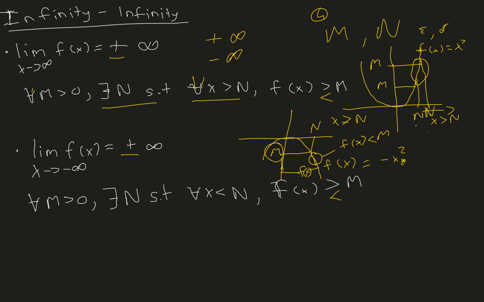And if we find an even smaller M, we'll need a larger N, but we'll always find a larger N such that for all x greater than N, f(x) is less than M.